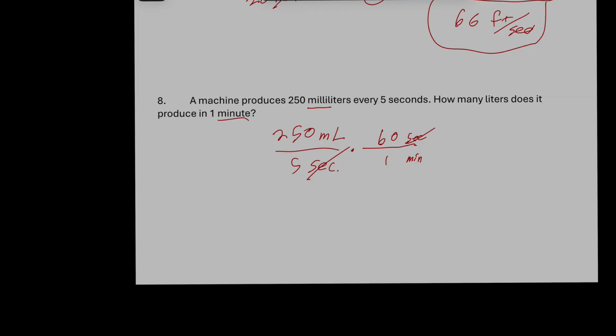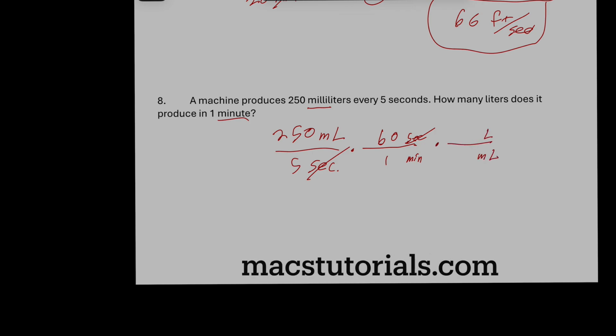Now I want to get this in liters. So I'm going to times this by something that's milliliters on bottom, liters on top. There are 1,000 milliliters inside of 1 liter, and so now my milliliters cancel out. I have liters per minute, and that's what I want. So 250 times 60 equals 15,000.